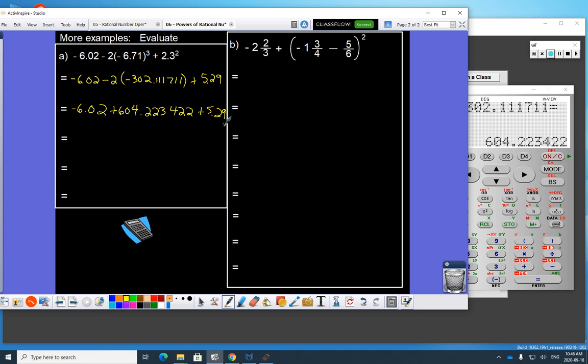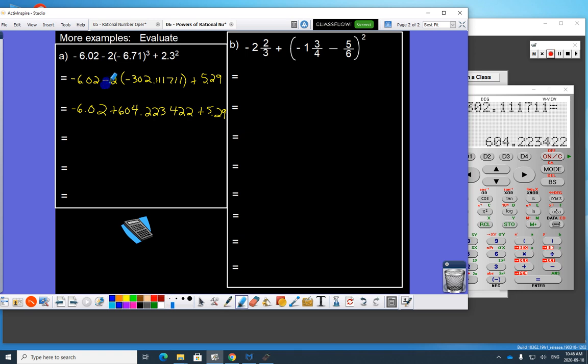Now, this came up yesterday for a bunch of people. They said, is this negative 2 times negative 302, or is it subtract 2 times negative 302? And I definitely frustrated one person because they asked that question. I said, yes. What they're really asking is this thing here, right there, that sign right there.